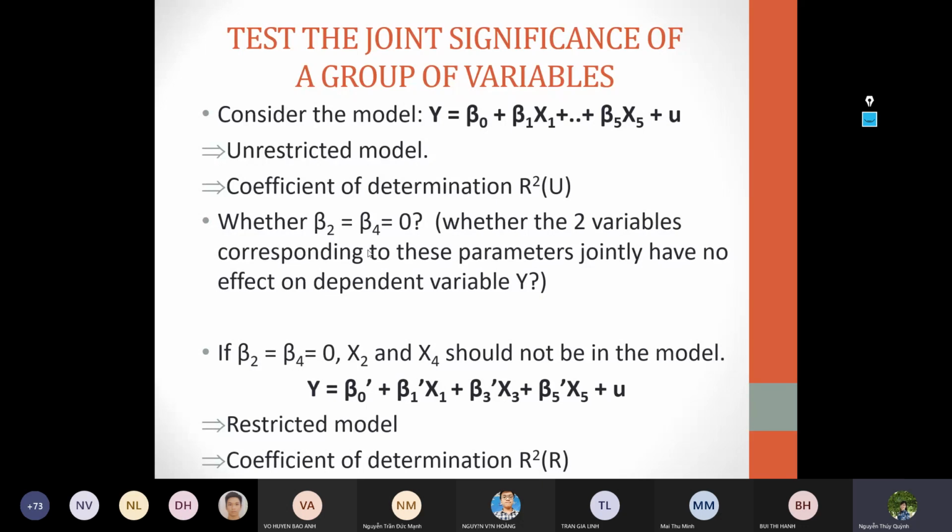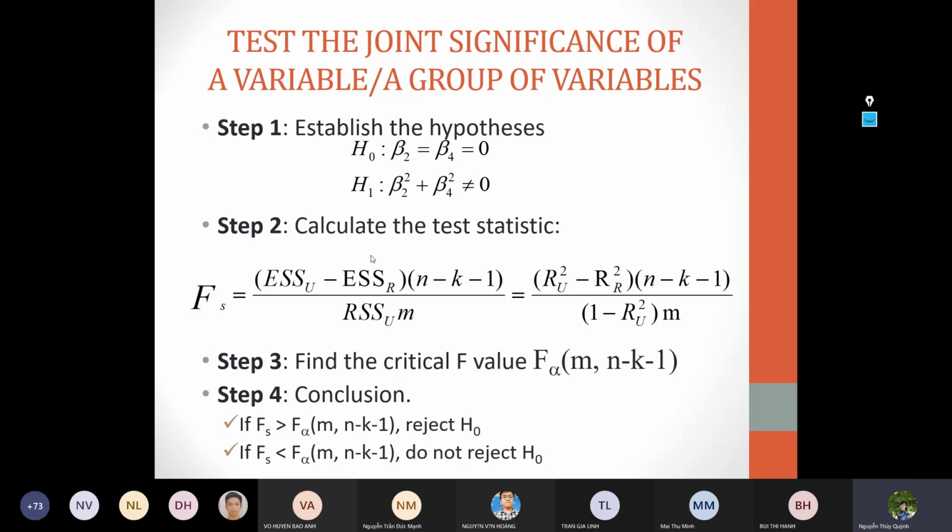To test this hypothesis, we follow these steps. Step 1, state the hypotheses H0 and H1, the same as what we do in the test of the overall significance of the model.